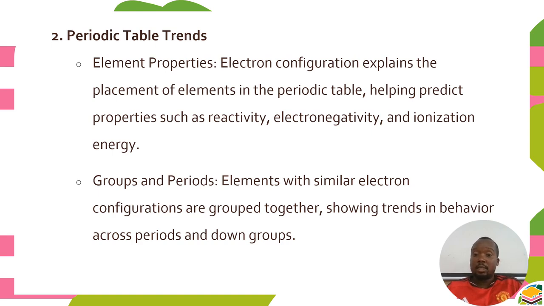Reactivity, electronegativity, and ionization energy. The same electron configuration will assist us to know the groups and periods, because the electron configuration tells us about the number of electrons. It tells us about the number of shells. So this information is very, very important.